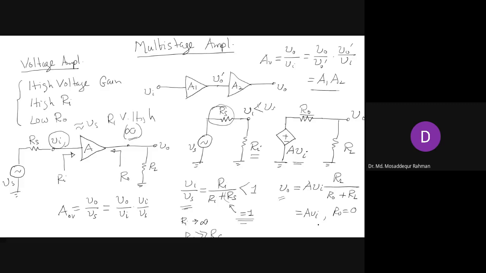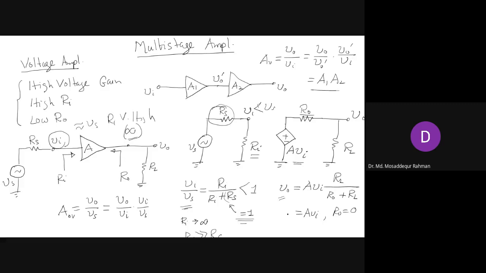So those are the features we look for in a voltage amplifier: it should have high voltage gain, high input resistance, and low output resistance. None of these we get in a single amplifier.